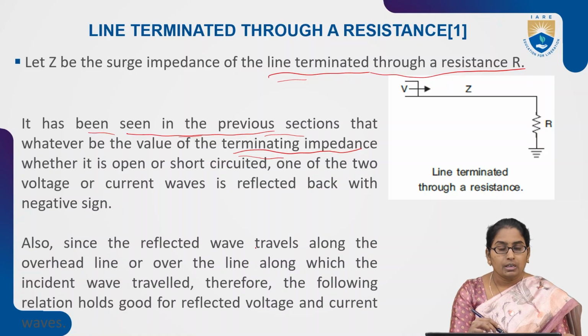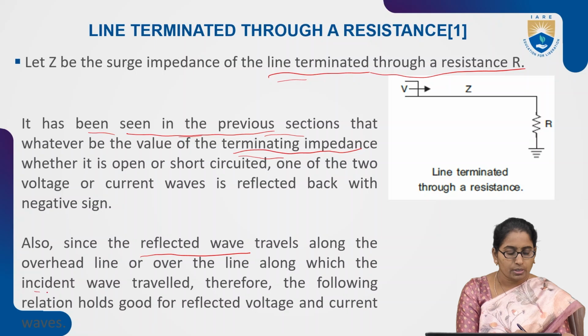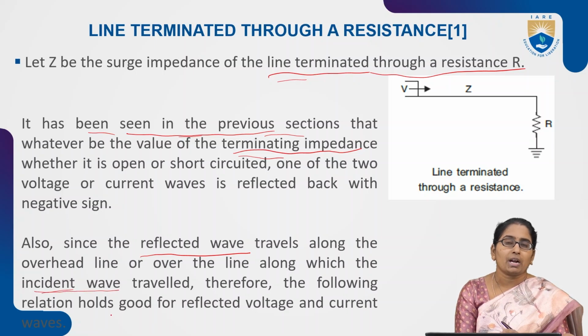Also, we know that the reflected wave travels along the overhead line along which the incident wave travelled. Through the same transmission line, the input voltage and current wave, that is the incident wave, travel.